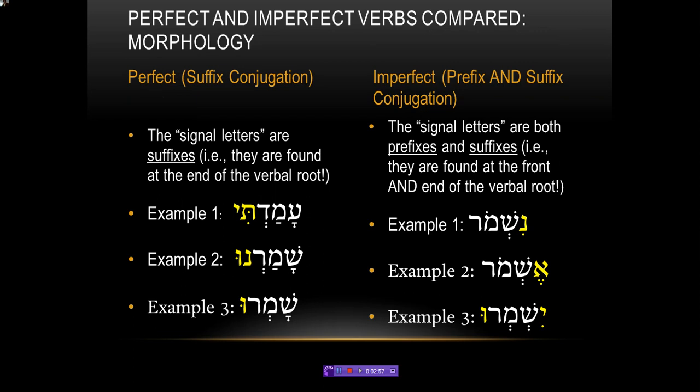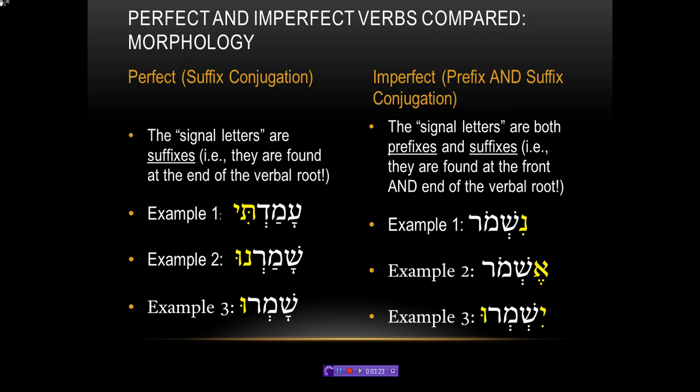So let's now turn to morphology. And what I mean by that is when we look at a perfect and an imperfect verb, based on the things that are added to those verbs to inflect them, how do they look different? Well, let me give you a very simple rule that I think can be helpful that will help you recognize immediately whether a verb is perfect or imperfect.